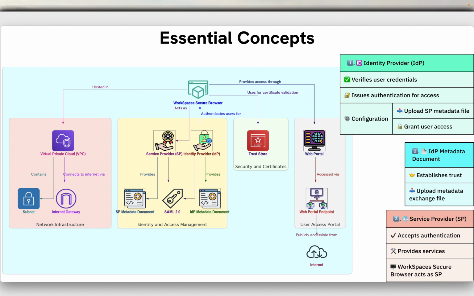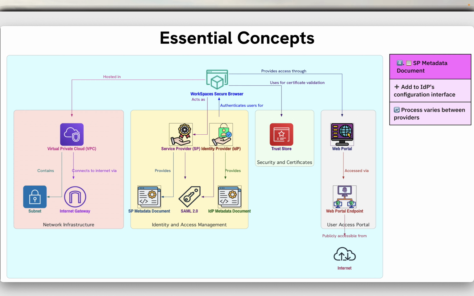Then service provider, which accepts authentication and provides the actual service. WorkSpaces Secure Browser acts as an SP for the IDP authenticated users. Because WorkSpaces Secure Browser is actually providing the backend service, it is acting as a service provider for your identity provider authenticated users.